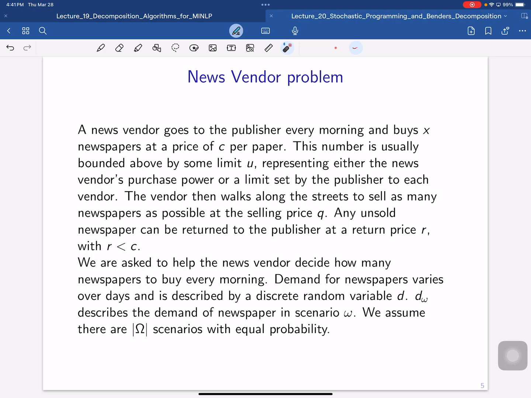But now the decision is this news vendor has to make a decision how many newspapers he's going to get before he knows the demand. In other words, these variables X are the so-called first stage decisions, and the demand is the uncertain parameter.